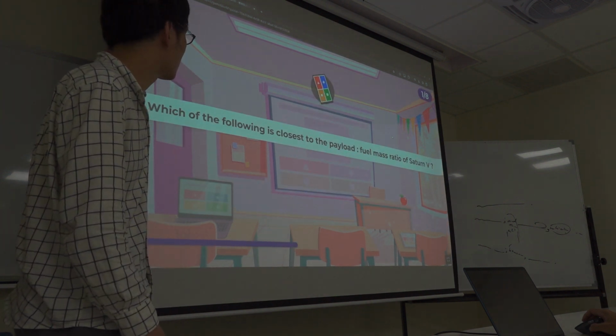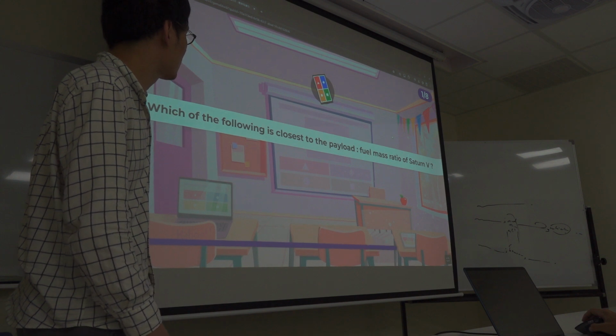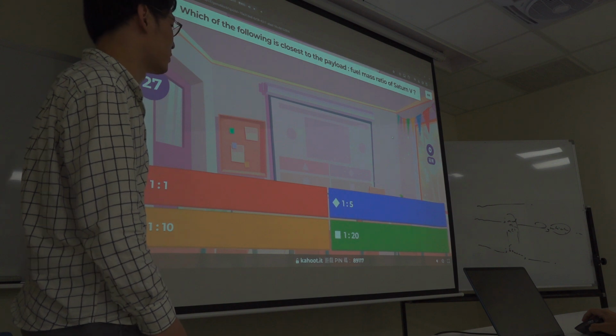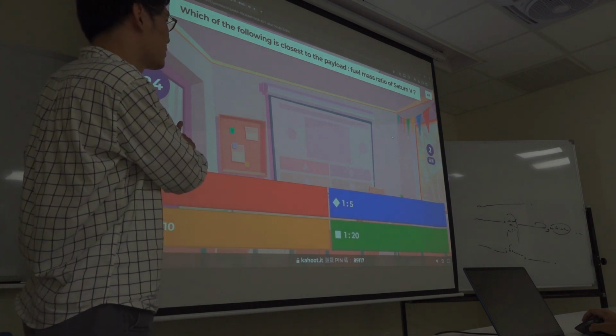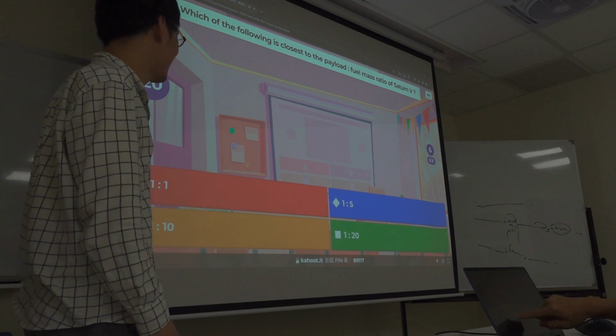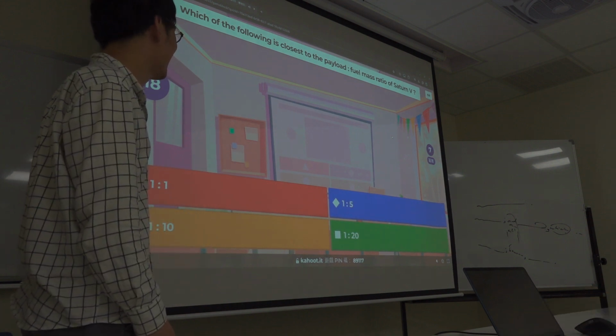Questions follow closely to the payload, full mass, and ratio, and the first page when we talk about the efficiency of the rocket. I forgot too.